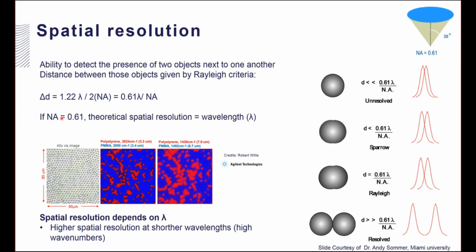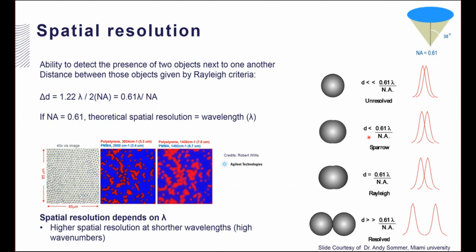So the theoretical spatial resolution is dependent on the wavelength. Here on the right side of the slide, we see that if we have a low resolution, we cannot distinguish between two objects.